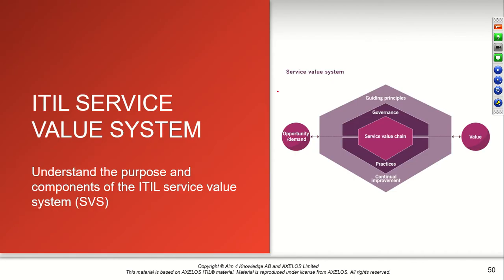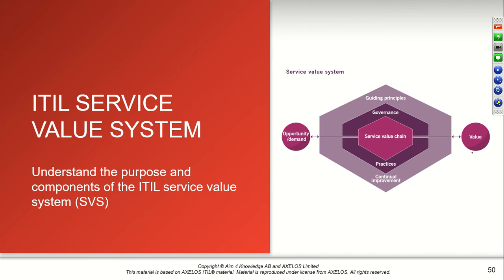Okay, we'll talk about the value system, understanding the purpose and the components of the ITIL service value system. Okay, the ITIL service value system is divided into three parts. We said we have the input, which is either opportunity or demand. We have the components, which are five of them: guiding principle, governance, service value chain, practices, continual improvement.